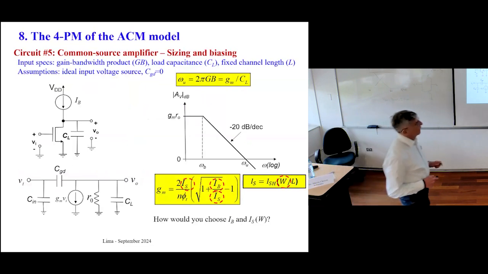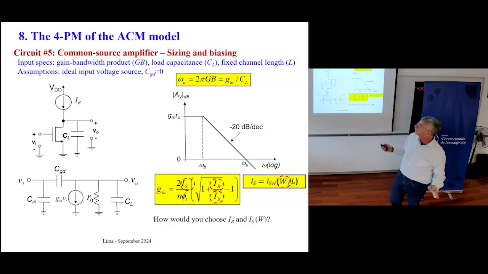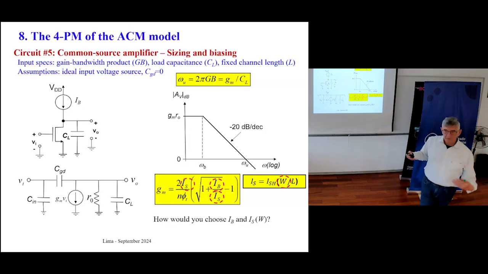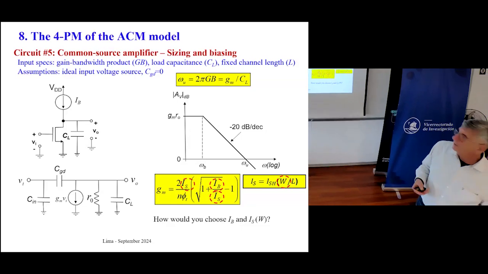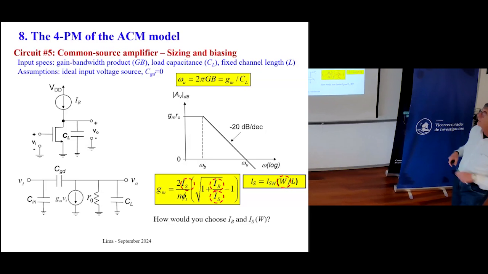Let's assume that this circuit operates in open circuit as shown here, but in fact you cannot operate this circuit with the output open. This is just a hypothetical assumption for our interpretation of the meaning of the ACM model applied to this circuit.